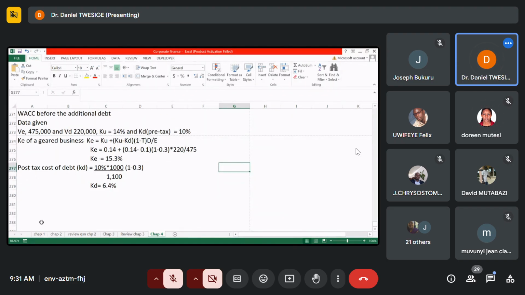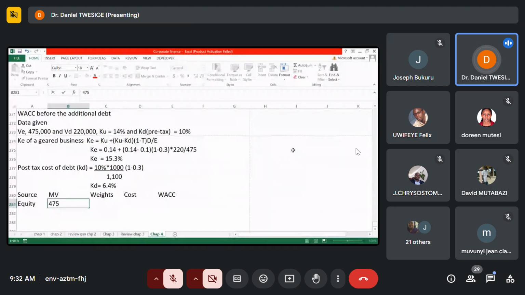So now we can compute our WACC. For our source, we have the market value, the weight, the cost, and the WACC. For equity, the market value is 475.